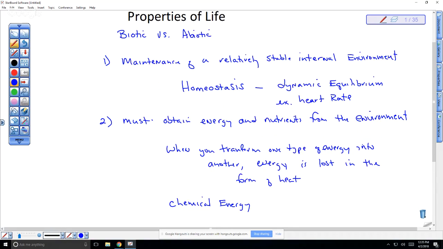So it helps to keep my body from breaking down. But I also need chemical energy for movement. So when we convert chemical energy to mechanical energy, one of the things that is lost to the environment is heat.